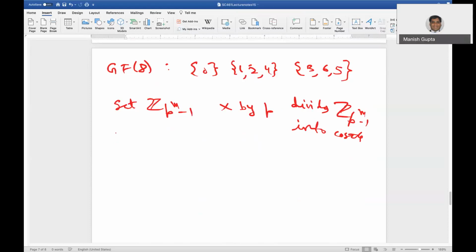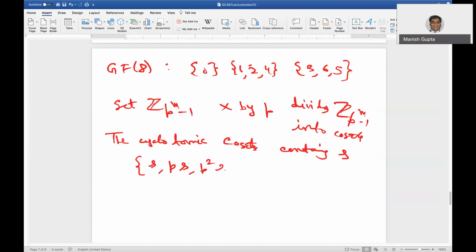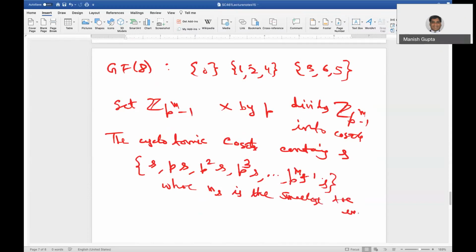The cyclotomic coset containing s is s, ps, p square s, p cube s, and so on up to p raised to power (m_s minus 1) into s, where m_s is the smallest positive integer such that p raised to power m_s into s is congruent to s modulo p^m minus 1.